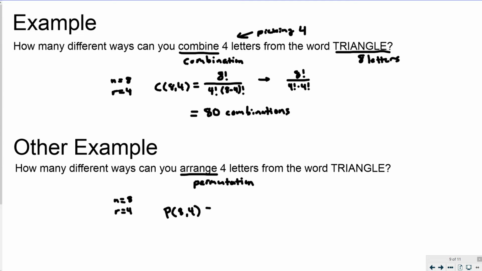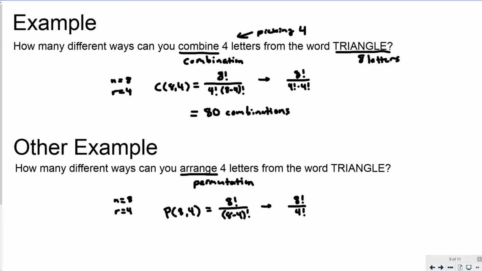And the permutation formula is very similar. Again, we're going to do n factorial on the top over (n minus r) factorial on the bottom. So 8 minus 4 factorial simplifies to 8 factorial over 4 factorial.